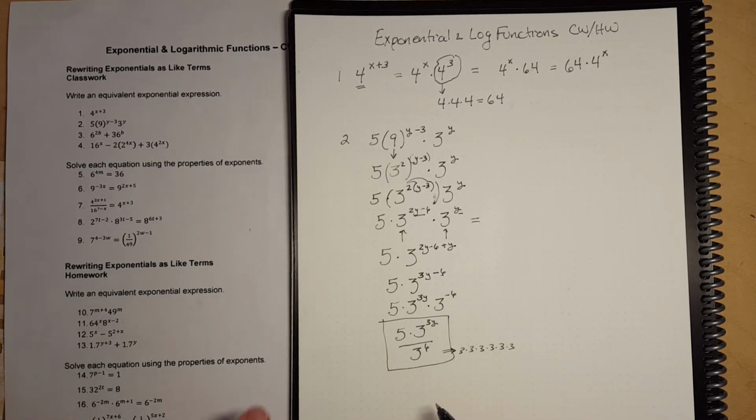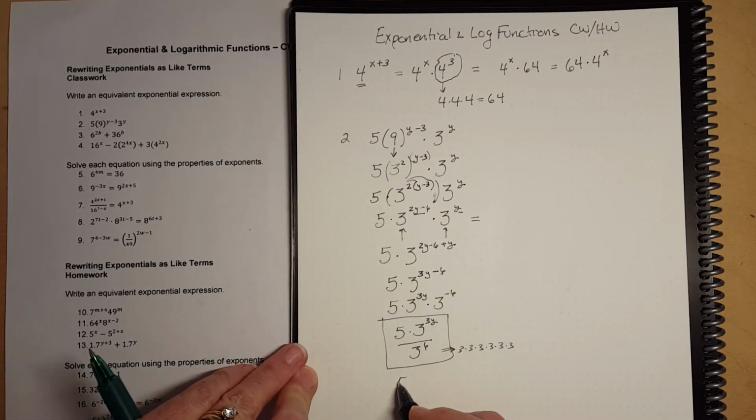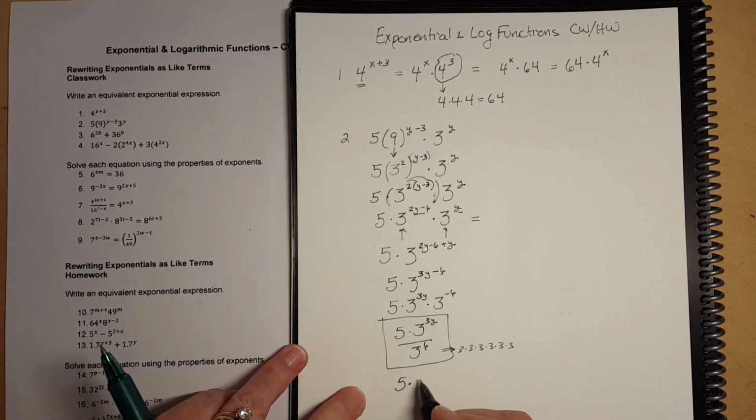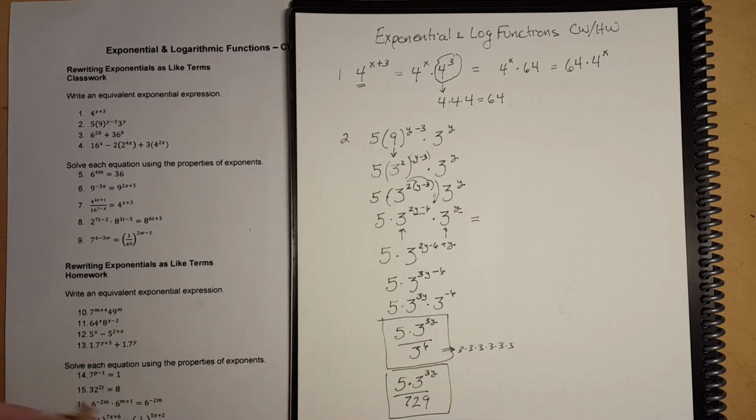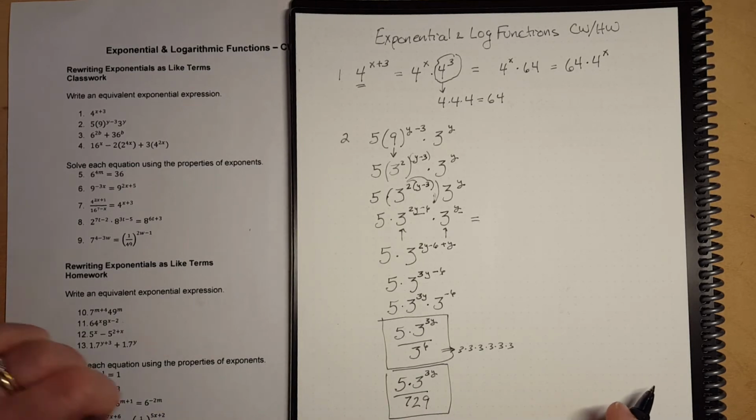It's a number. And so we can write that one as 5 times 3 to the 3y over 729. And these two, in my opinion, are equally simplified.